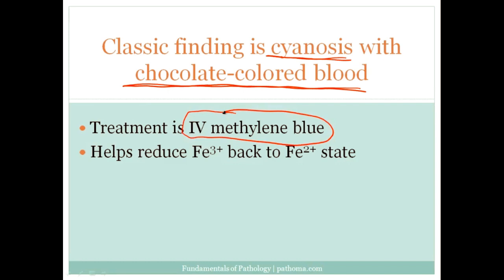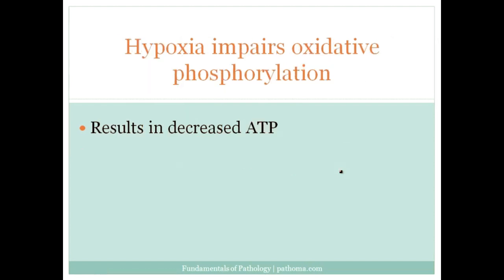It's important for being able to generate the necessary mediators that will reduce iron back to its 2+ state, and I've stated that here by saying that it helps reduce iron back to its 2+ state. So if I wanted to summarize methemoglobinemia in just a very simple principle, I would say just remember Fe2 binds O2, and that's going to make it very easy to remember.